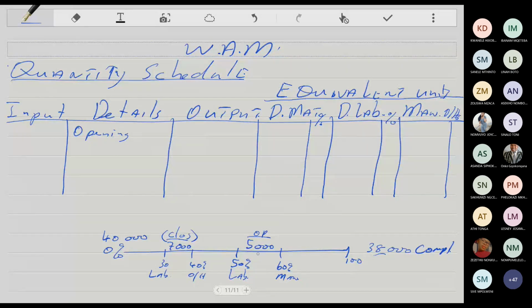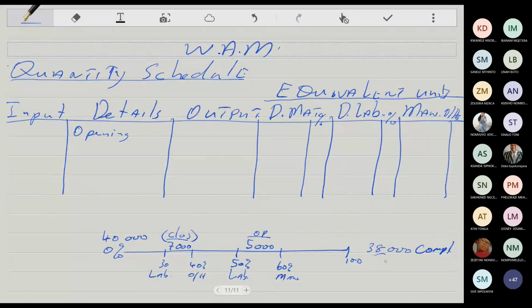In our opening, we open with 5,000 units. You take that opening of 5,000 units and add the new units, which is 40,000. So you say, this is the total units that I have for this particular production period. I've got 45,000 units.